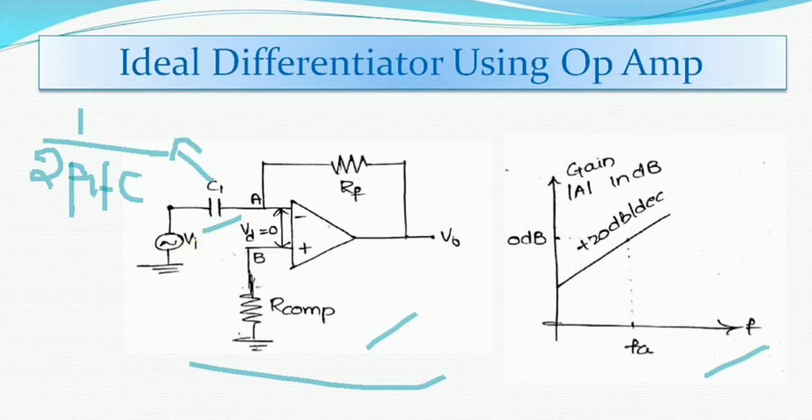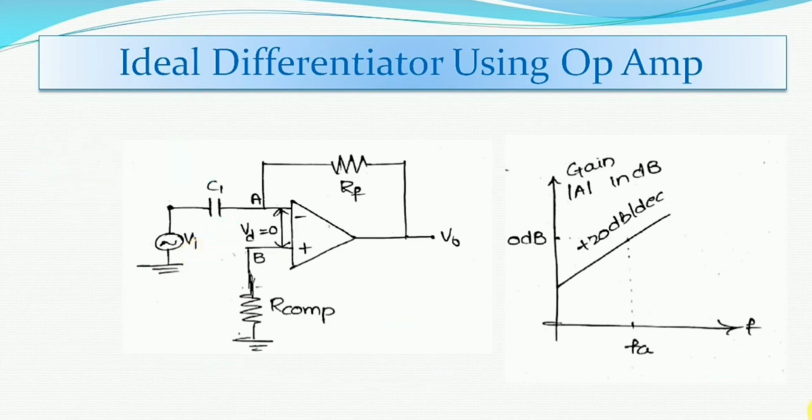In order to overcome these drawbacks, we have to externally use some passive elements in such a way that they overcome the two drawbacks. The first drawback is that at higher frequencies the gain increases because of using the ideal differentiator. If you add a component in such a way that at higher frequencies the gain tends to decrease, then that drawback will be overcome and the system will be stable.